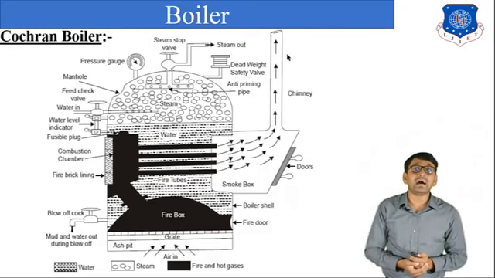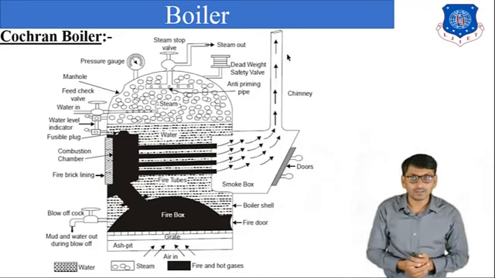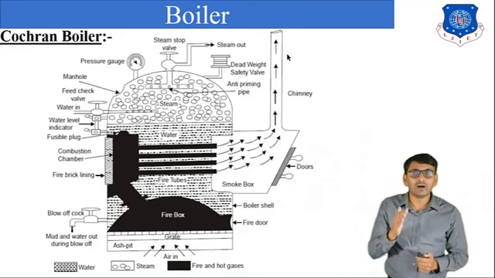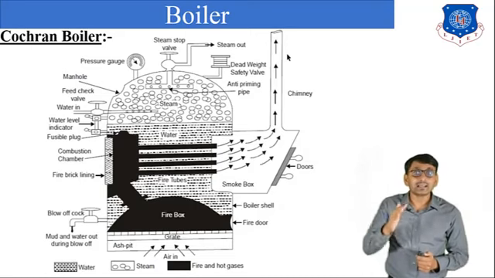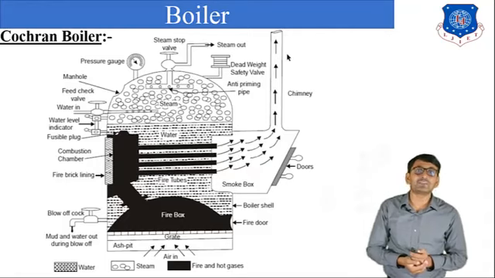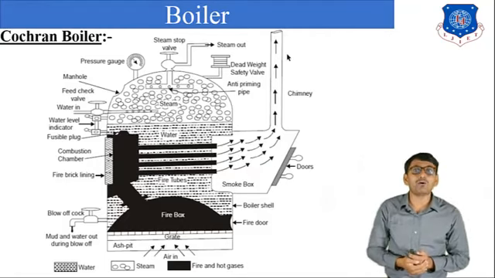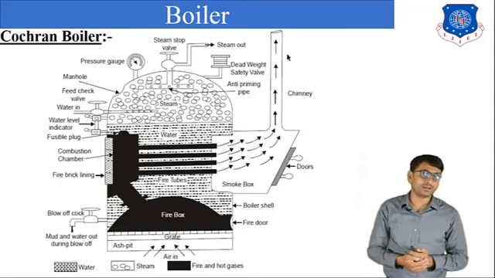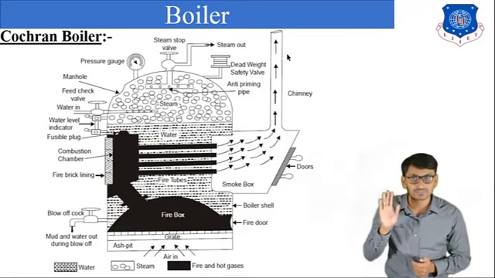Then the safety valve, which is present at the top of the boiler. If the amount of steam produced in the boiler is greater than the limit, the safety valve automatically opens and releases the extra steam from the boiler. So it protects the boiler from blast.